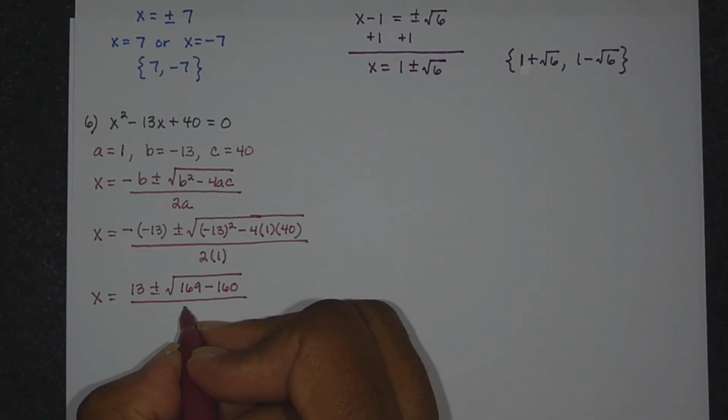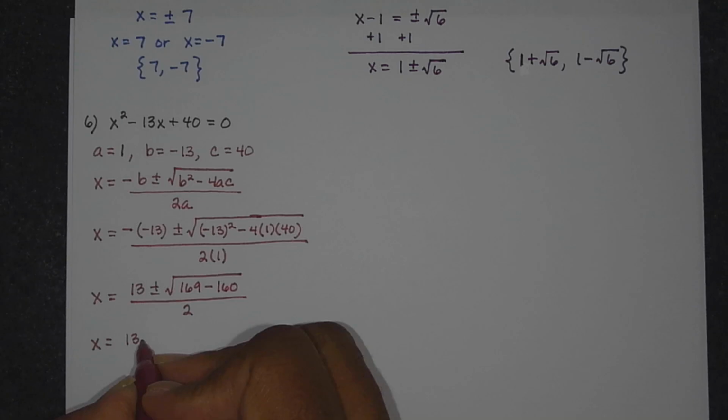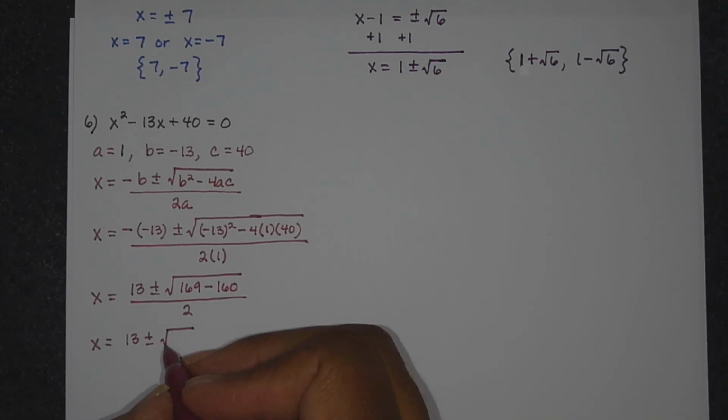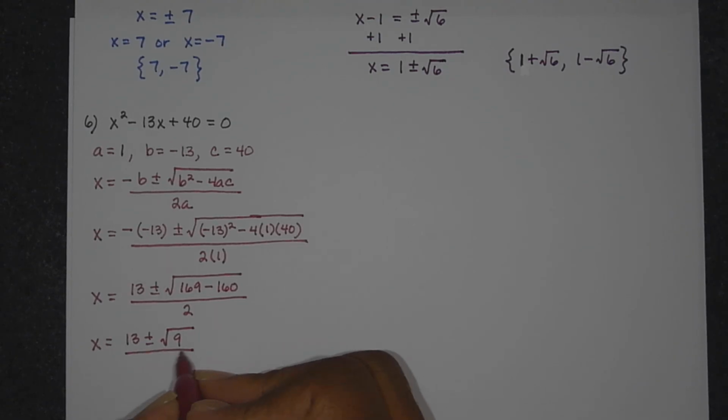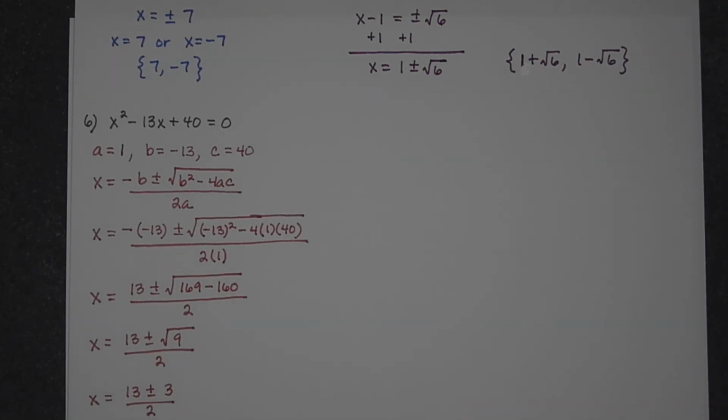All that's divided by 2 times 1, which is 2. And I'm still going to simplify what's underneath the square root symbol. What's 169 minus 160? 9. So I got 13 plus or minus the square root of 9, all over 2. And what is the square root of 9? 3. So I got 13 plus or minus 3 divided by 2.